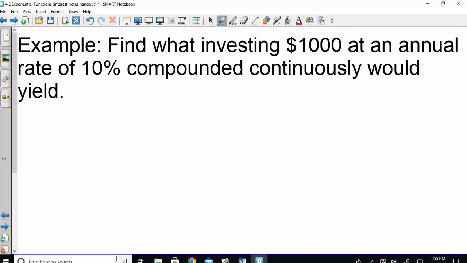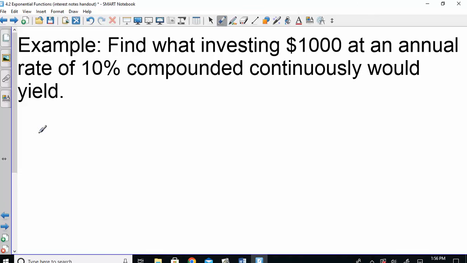Next example. Find what investing $1,000 at an annual rate of 10% compounded continuously would yield. So what do I have to do here?